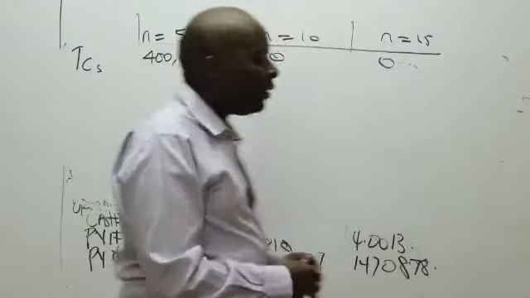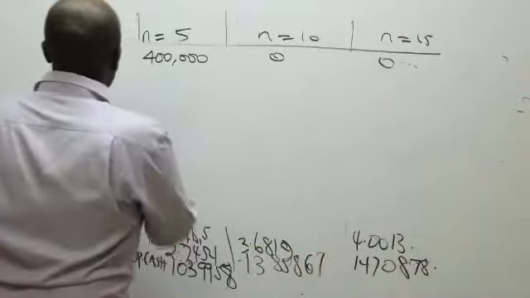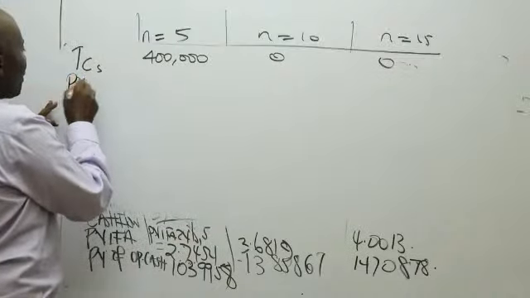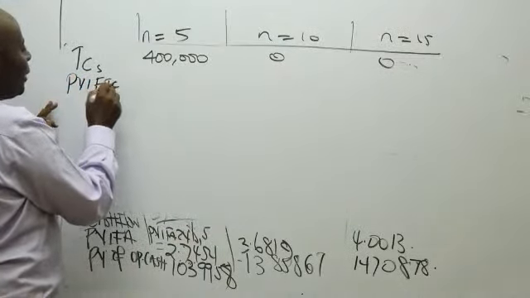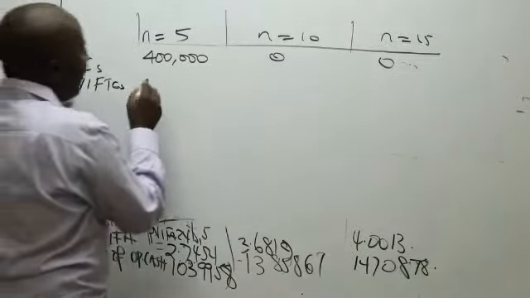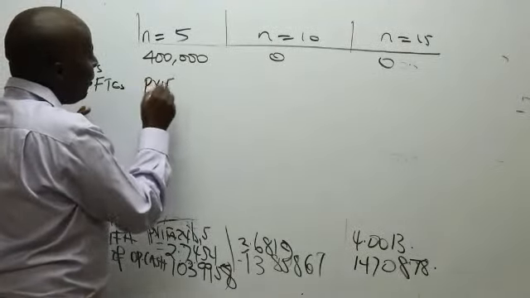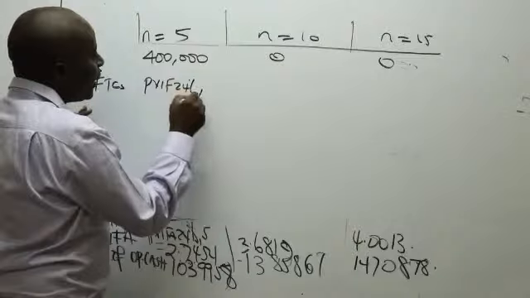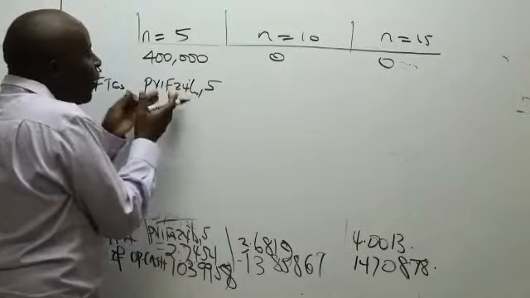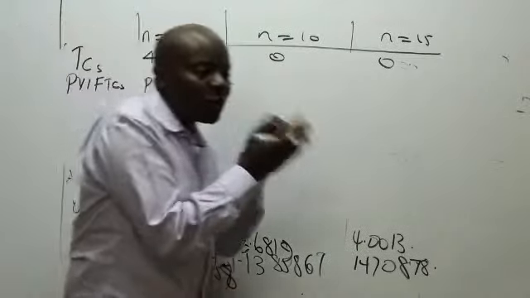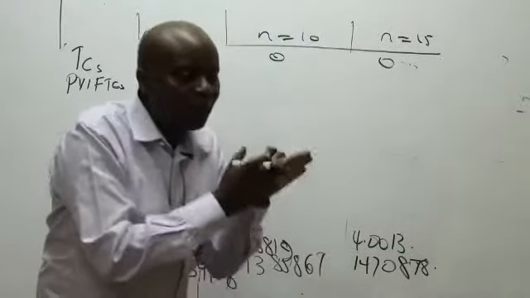Okay, so it is PV. So come and discount this. Please give me the present value interest factor of the terminal cash flows. Remember here, the PV will be PV 24%, N is 5. Here we are not going to use PVFA because the 400,000 is not a repetitive figure.